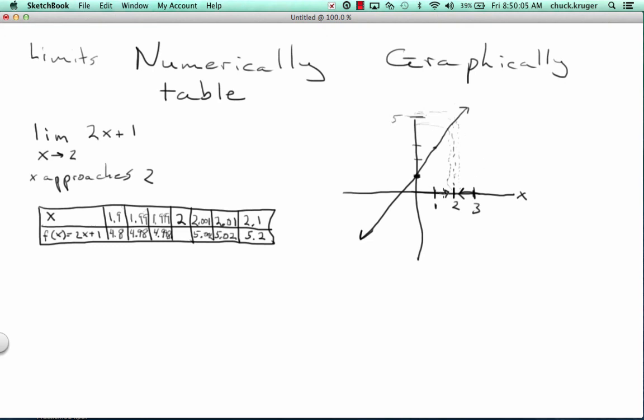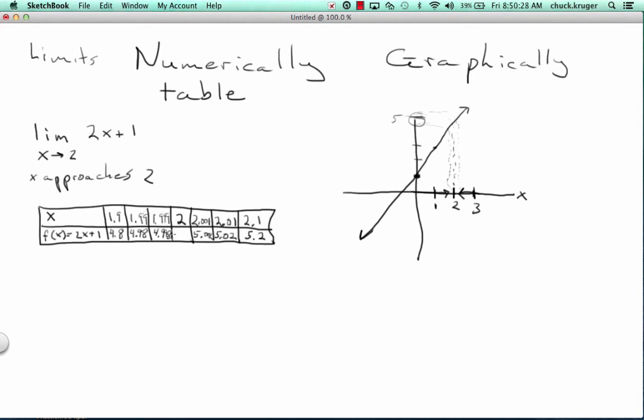Okay? So as I approach 2 from both the left side and the right side, I'm approaching a value up here. Now, here's what you have to be careful of. I could put 2, substitute it in there, and get 5. But you have to be very careful because that's not the definition of a limit.